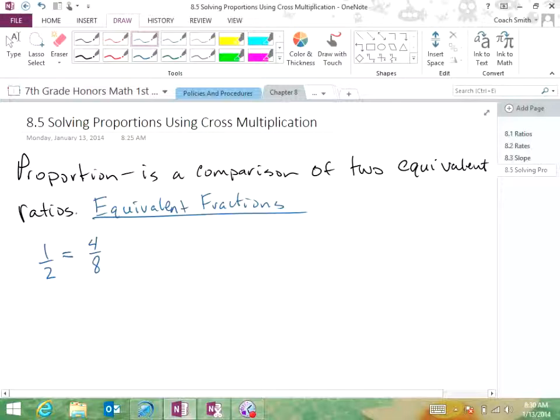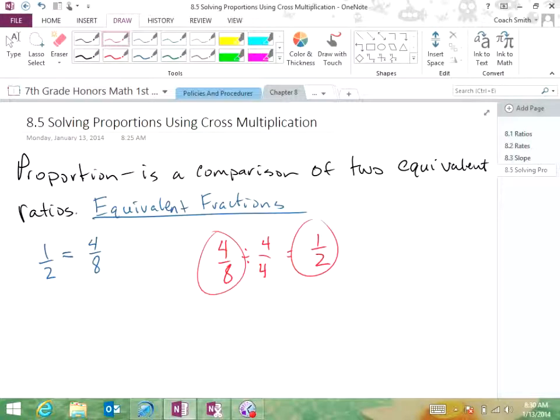In the past we've said, take 4/8 and reduce it. You divide by 4/4, you get 1/2, and those are your two equivalent fractions. That's very similar to what we're going to do today.